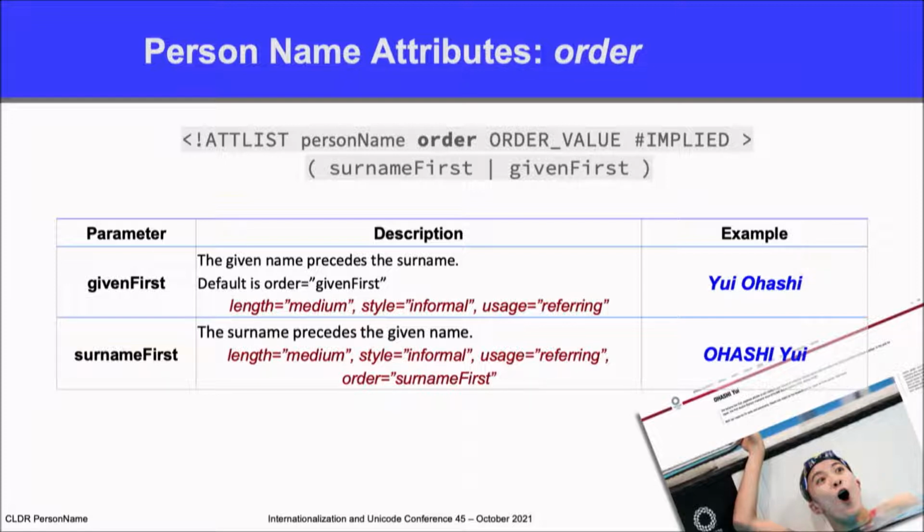In Japan, they said we want Japanese names to be represented with the surname first, all in capitals, with the given name afterwards. And so by being able to indicate with the order field, you can indicate to the format, and then within the format objects, if we have an order format in place that is different from the default, then it can select that and be able to present it accordingly.